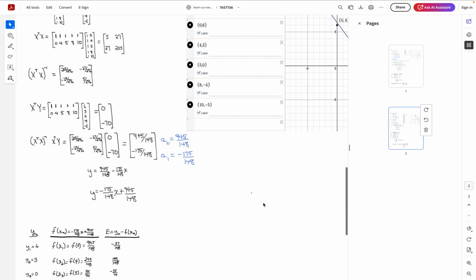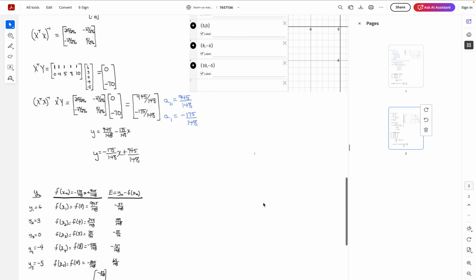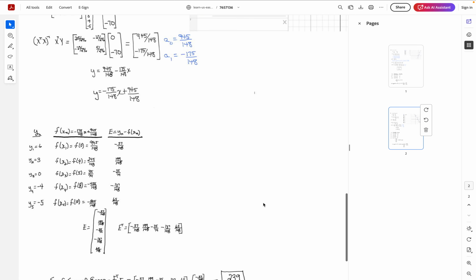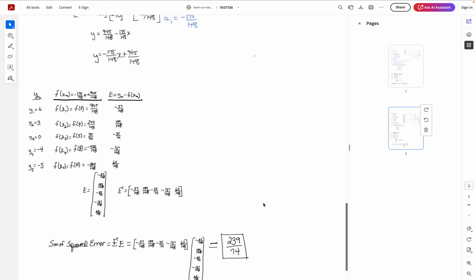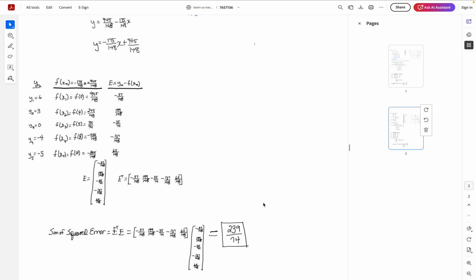And for the determination of the sum of the squared error, we have the recorded y values of 6, 3, 0, negative 4, and negative 5.